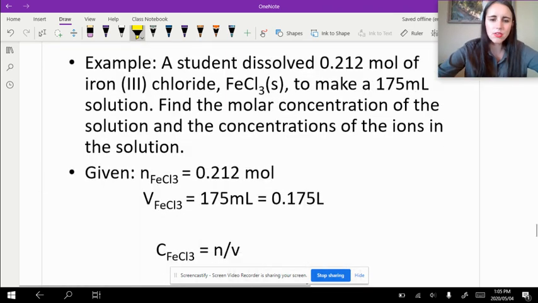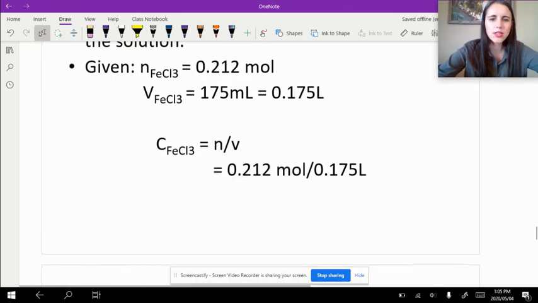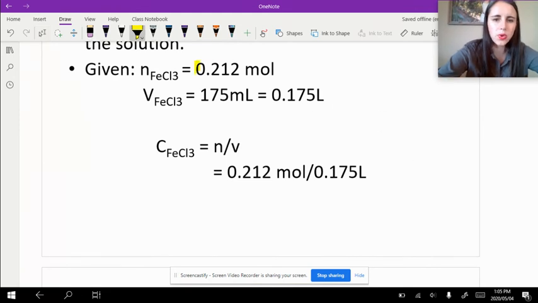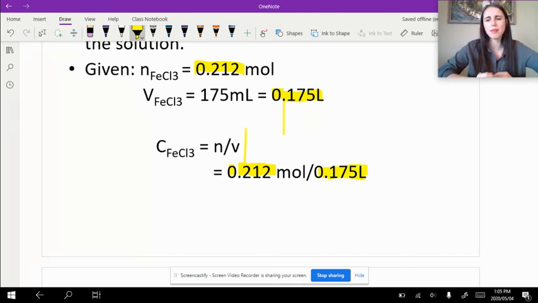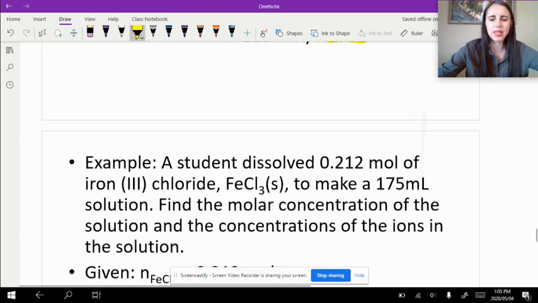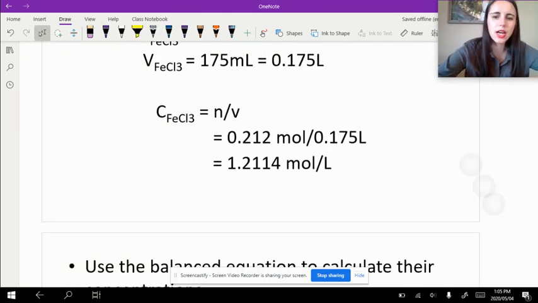So we take 0.212 and divide it by 0.175. Notice that moles divided by liters gives me moles per liter, which is what I'm looking for. So I'm going to get this value here.